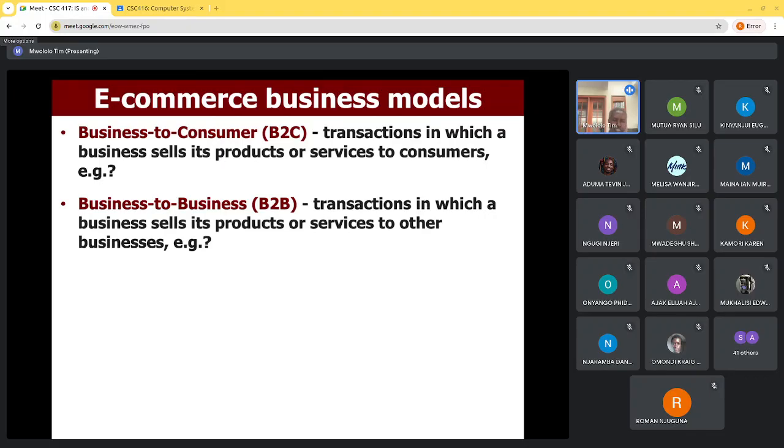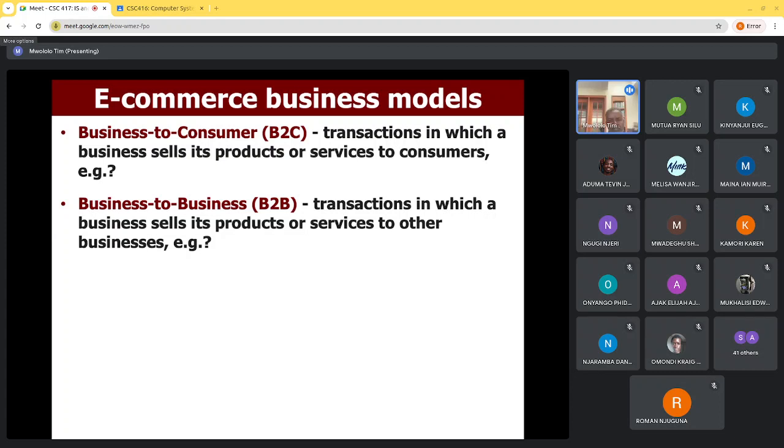In the first one, B2C, you are selling whatever it is. You as a consumer, I'm sure you have bought lots of things. Yesterday, I bought some soap online, which is delivered to my house through Boda. Yeah, that is business to consumer.